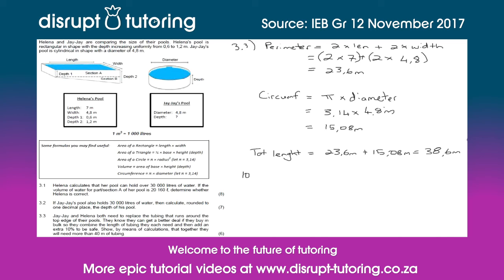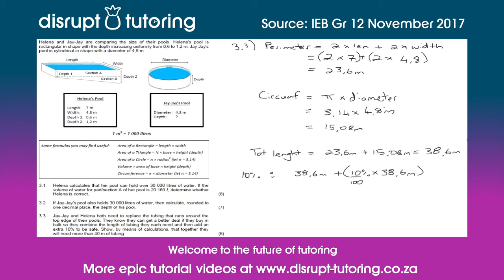So our 10% calculation is, we need to take 38,6 meters and add 10% of it. So it's 10% times 38,6 meters. Remember, 10% is also 10 over 100.